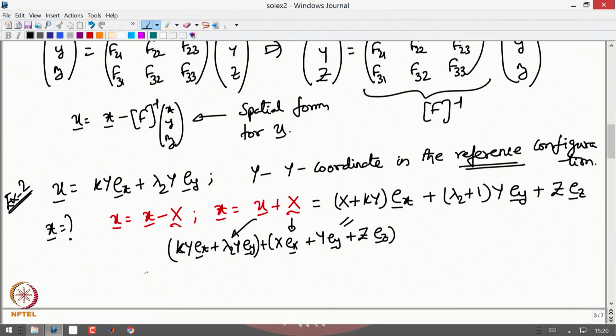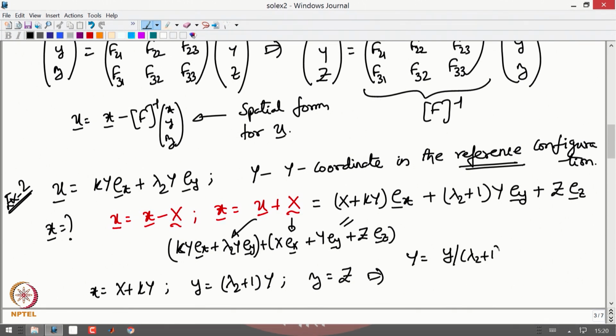I know that from here small x is x plus kappa y, small y is lambda 2 plus 1 capital Y, and small z is capital Z. This will imply, from this equation I can straight away write capital Y is small y by lambda 2 plus 1, and capital X is small x minus kappa by lambda 2 plus 1 into small y, substituting for capital Y from this equation, and capital Z is nothing but small z.